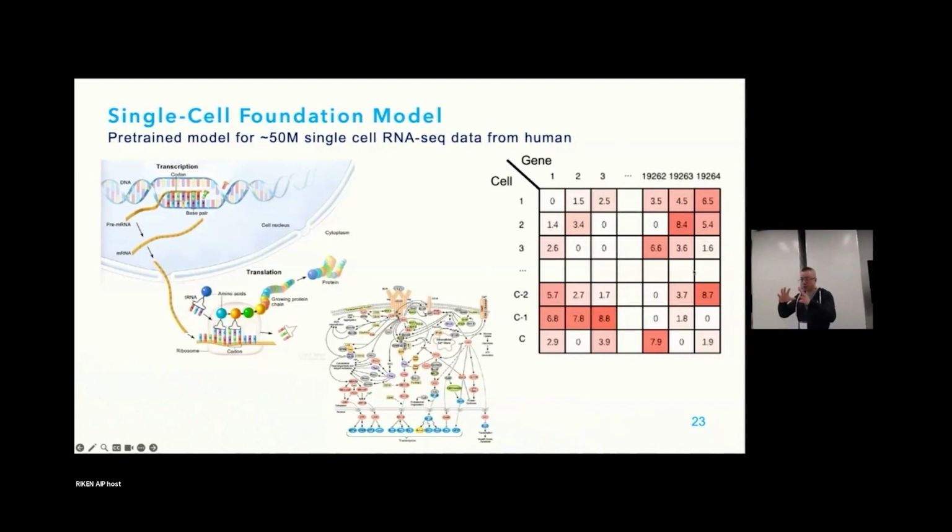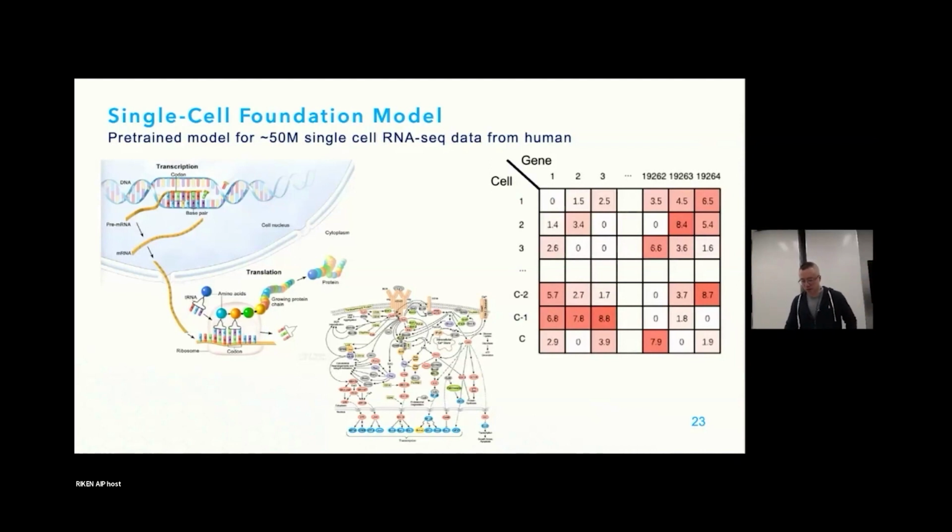So now you want to build some kind of pre-trained model to capture the dependency between the expression levels of genes, and you can do something similar in this case by masking some of the gene expression levels and asking your model to recover them, especially using the transformer architecture. But here you need to do something special in designing your position encoding and how to handle a cell with 20K genes. It's like a long sentence.